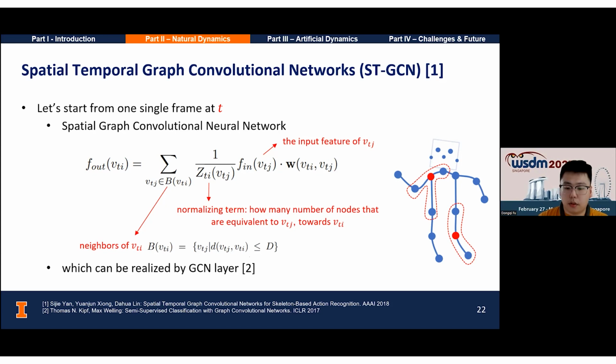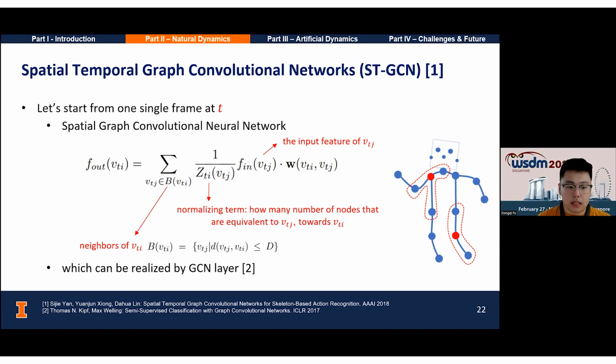For a node v_tj in the neighbor set, f_in is the function to read out the feature of the node v_tj.